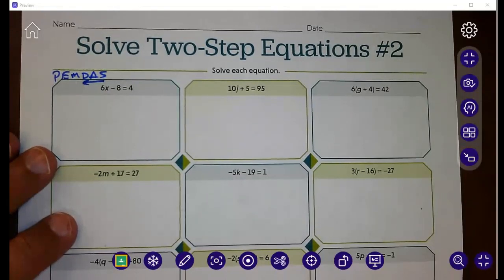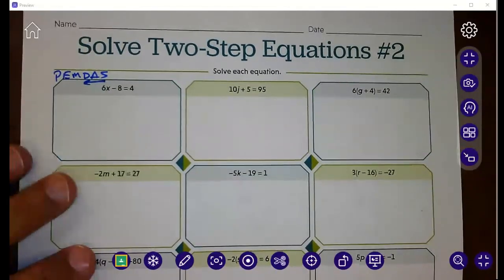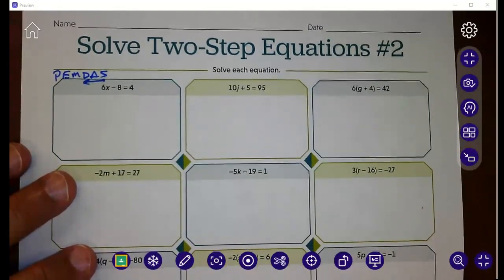Be careful. Look at where the x is. Look at what's being done to the x. We're multiplying by 6 and we're subtracting 8. We undo addition or subtraction first.